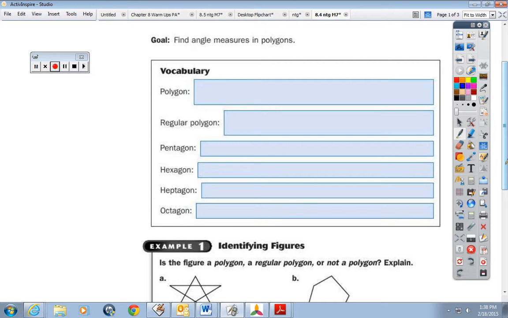The first vocabulary word is polygon. It is a closed figure, closed shape, whose sides are line segments that intersect only at their endpoints.